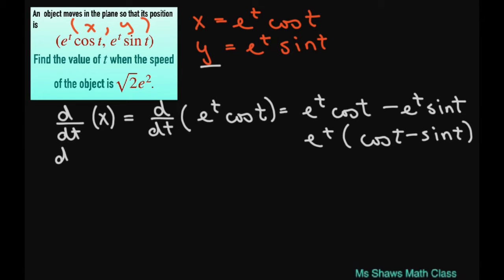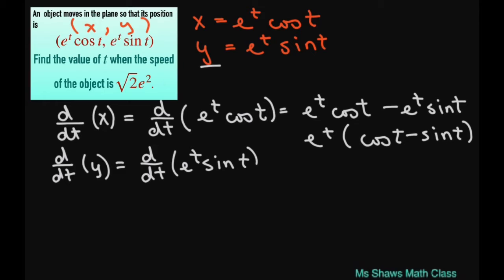All right, and now we'll do the same thing for y. So we're differentiating with respect to t, e to the power of t sine of t. You take the derivative of e to the power of t, that gives you e to the power of t times sine of t, plus e to the power of t times the derivative of sine of t, which is cosine of t.